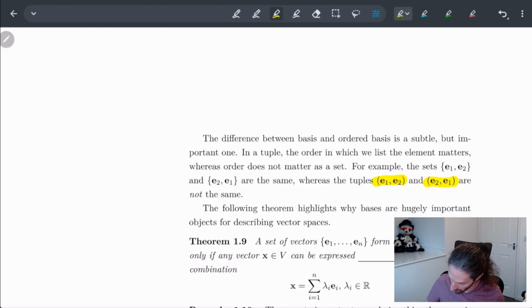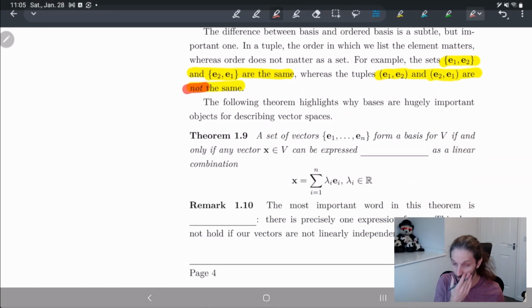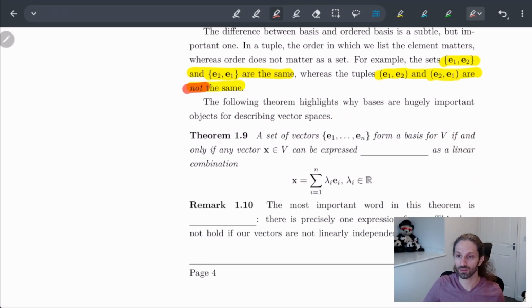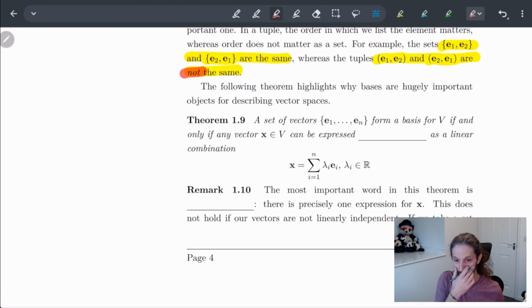So E1, E2 and E2, E1 are the same set, whereas as ordered tuples they are not the same. And that's because we care about the order. The order gives you some extra information, and we'll see later on why this is the case.